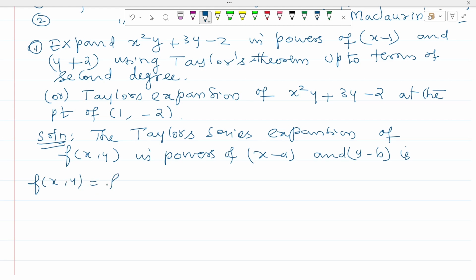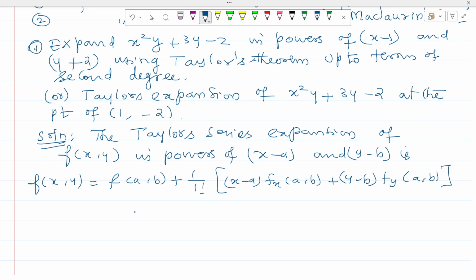f of a comma b plus 1 by 1 factorial [x minus a fx of a comma b plus y minus b fy of a comma b].